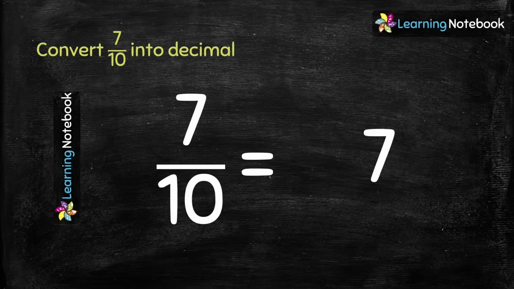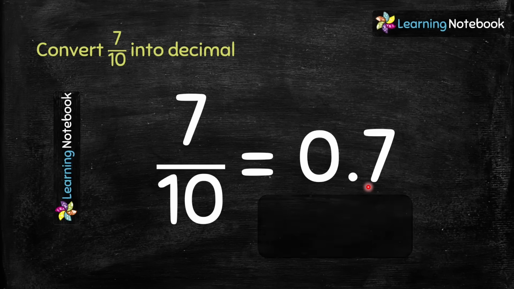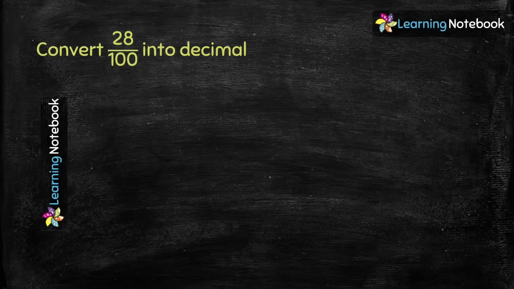Then we will count the number of zeros in the denominator. As we can see, there is only 1 zero in the denominator. So let's place a decimal point at one decimal place. So we have got the answer as 0.7. So we have converted the fraction 7 by 10 into the decimal 0.7. Let's see the next question.